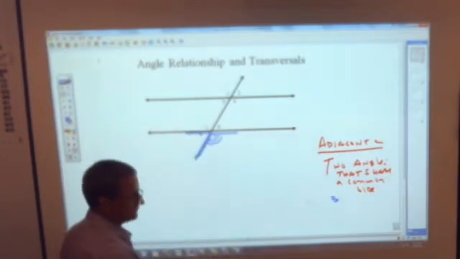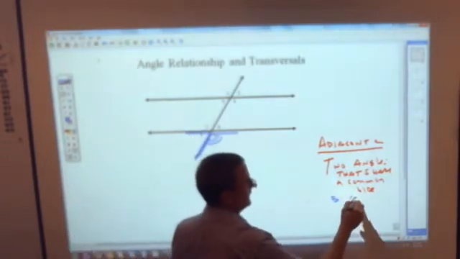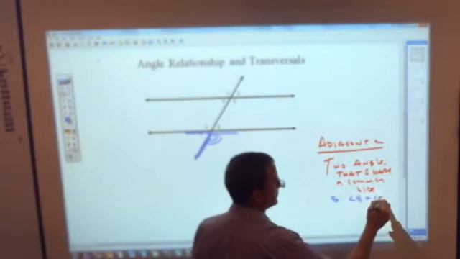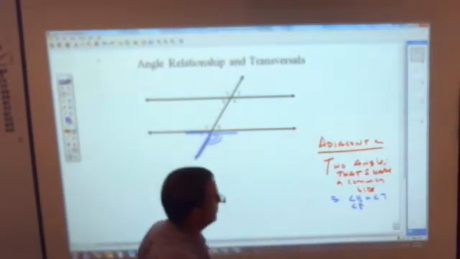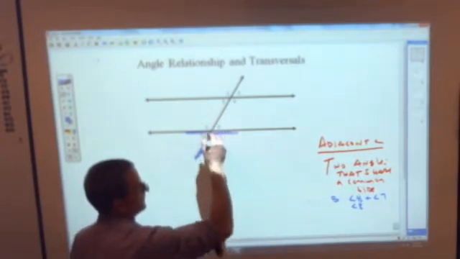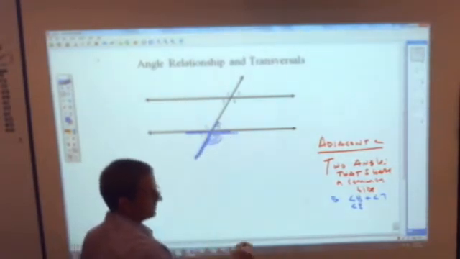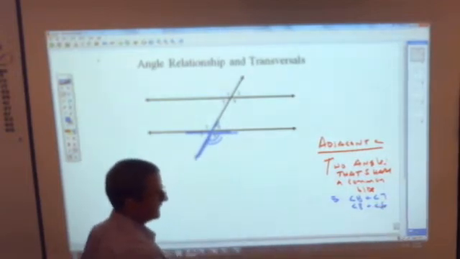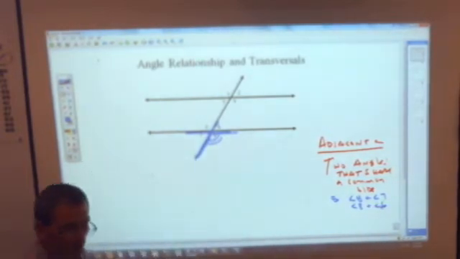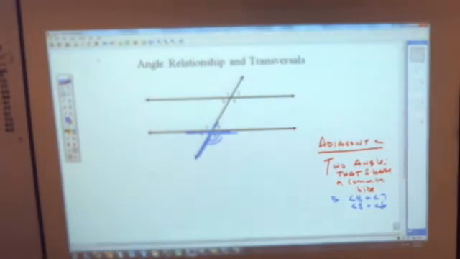Angle 8 is also adjacent to angle 6 because they share a common side. Got that? Angle 3 would be adjacent to what?